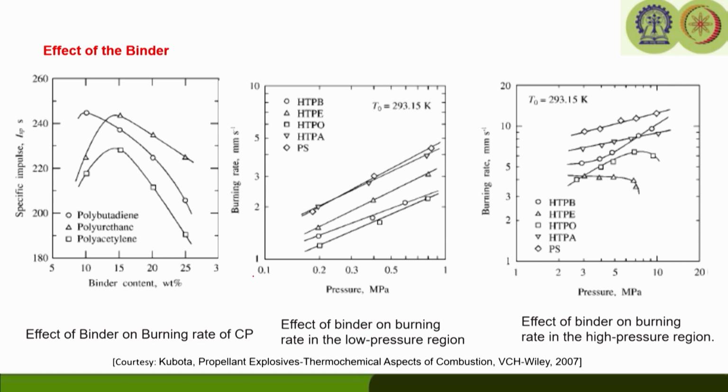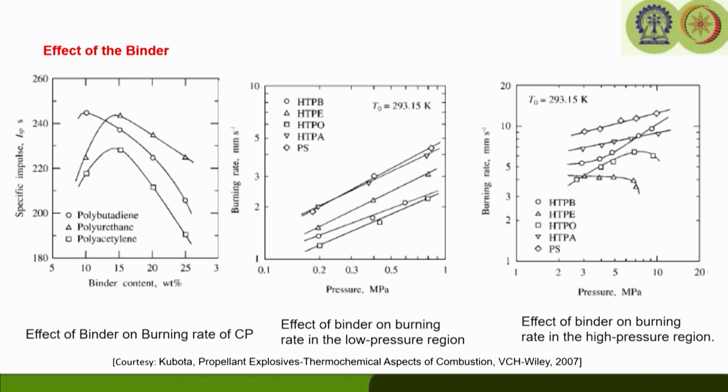matrix. So, different types of binders have been tried for preparing the composite solid propellant. For example, hydroxyl terminated polybutadiene, which is a very common binder used. The other binders may be hydroxyl terminated polyether, polyol, hydroxyl terminated polyacetylene, hydroxyl terminated polyester.